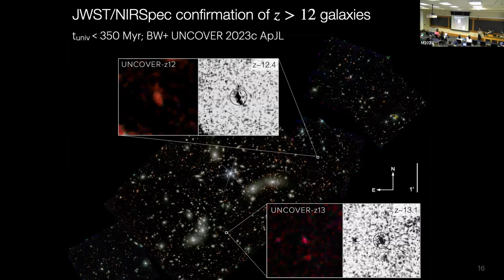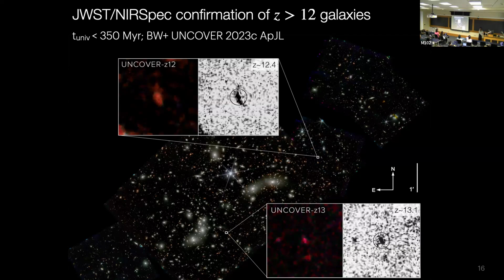We have a lot of interesting papers coming out of the program, but here I just want to show the paper that I led, which has the highest-redshift spectroscopic confirmations of galaxies. Here we are looking at UNCOVER-z12, which is at redshift 12.4, and the other is at redshift 13.1. At the time of writing, those were the second and fourth most distant galaxies we had observed, but this is Cycle 1. You can see this redshift record has been broken again and again as we take more data, especially with the GTO team.